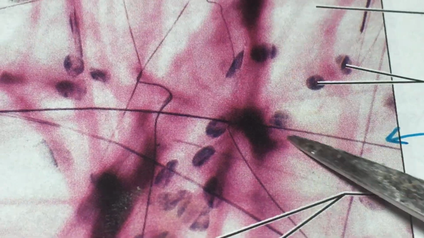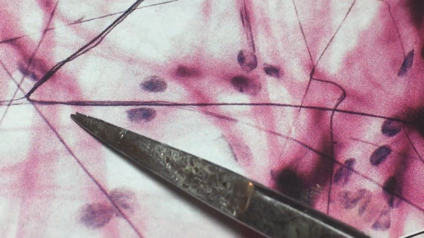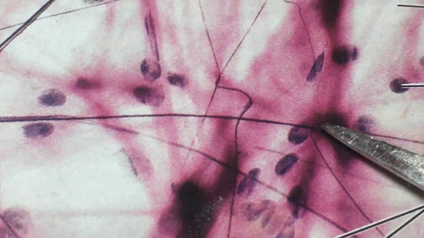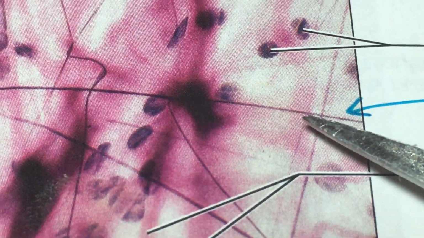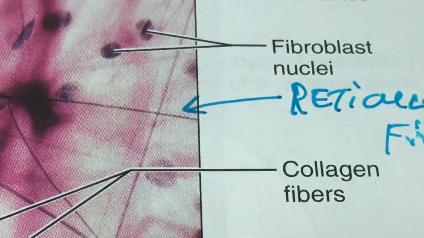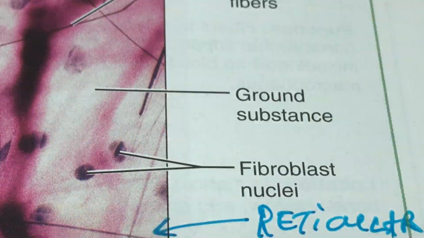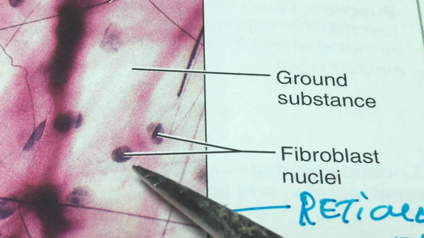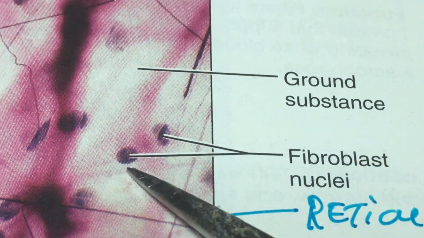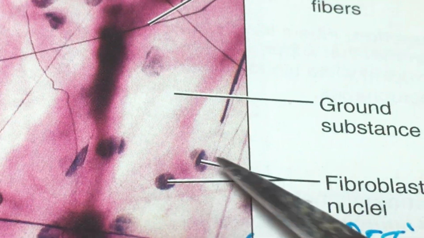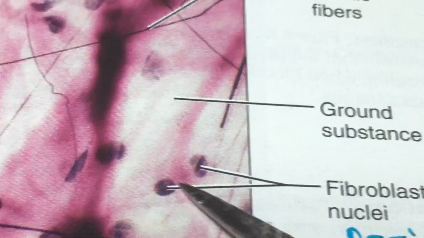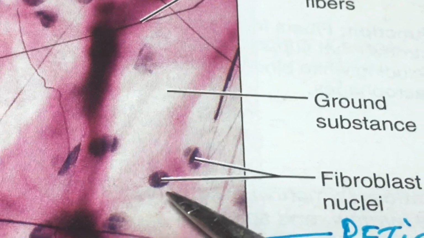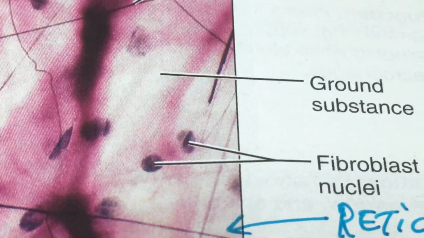We do have some very dark staining, protein-rich little fibers here. This is the reticulin. We do have fibroblasts. Fibroblast nuclei are like little commas or just little dark ants. We don't see the cytoplasm of a fibroblast, but we do see the nucleus.